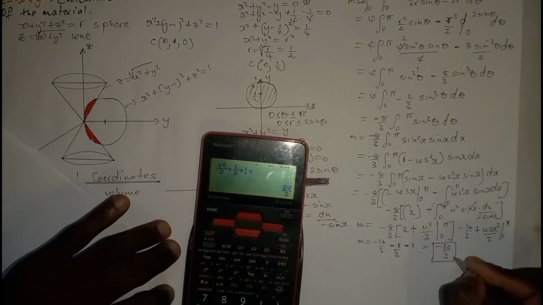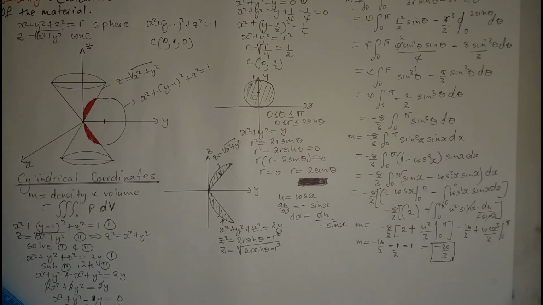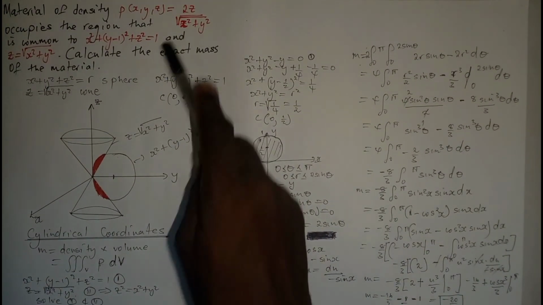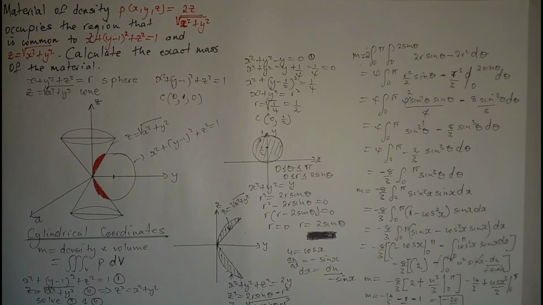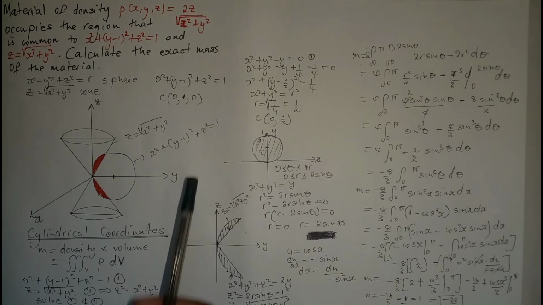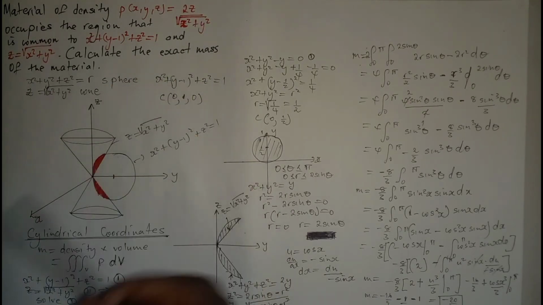But the mass can't be negative, we know that. But why is our mass negative? Everything is correct here, but the density is what caused our mass to be negative. You see, in some questions we're normally given the density as a constant, but no, our density varies, right? So that means our density affected everything.